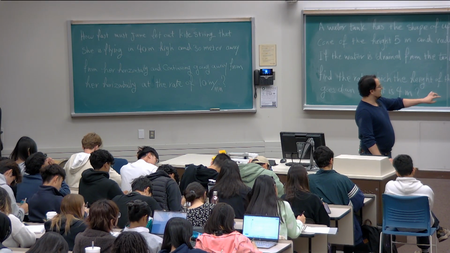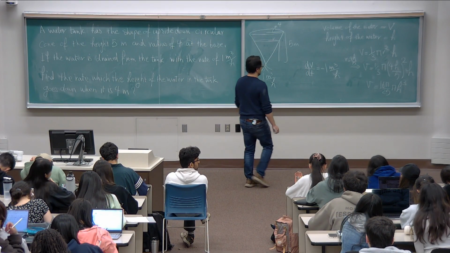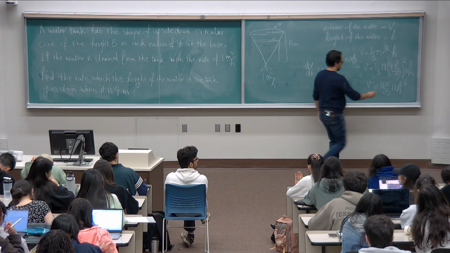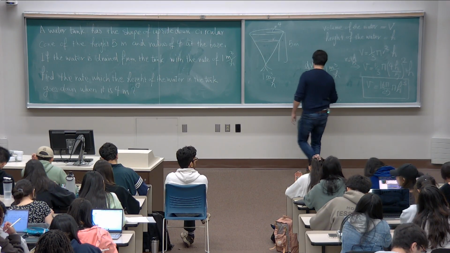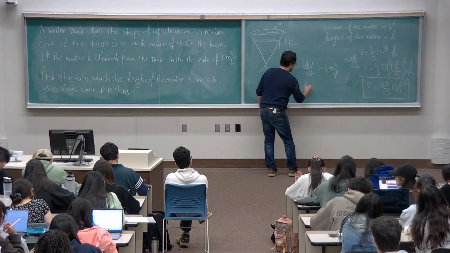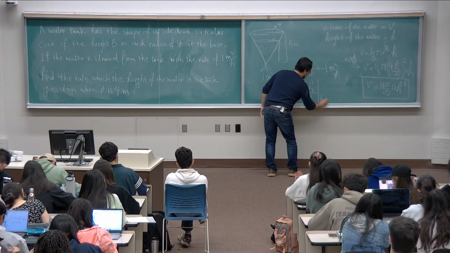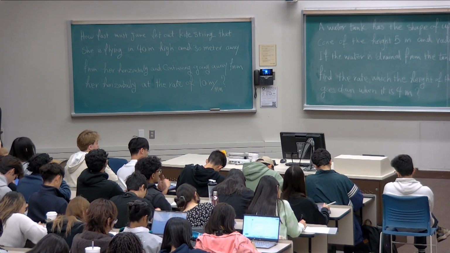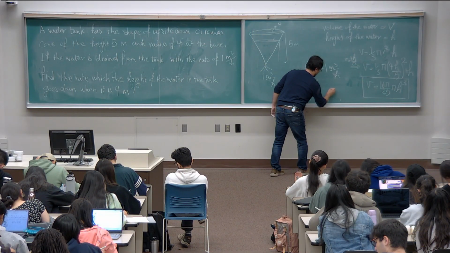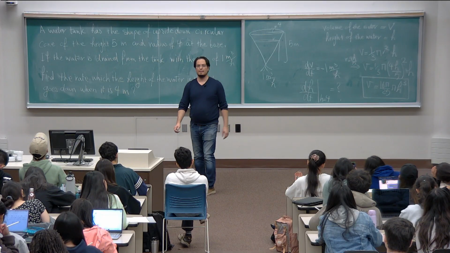Once you are there, then you have everything. So now you are trying to find dH/dt when H is equal to 4. And you know that dV/dt is given there.